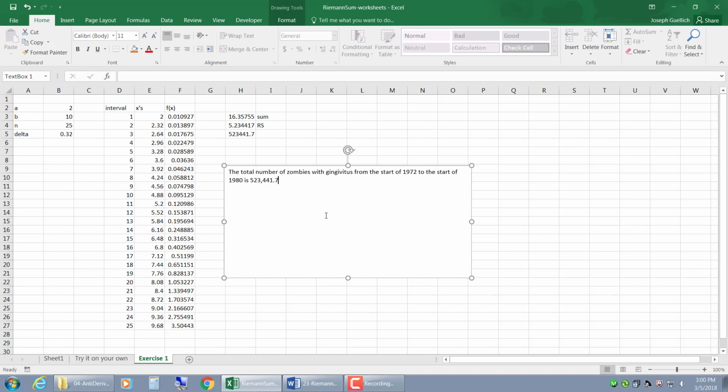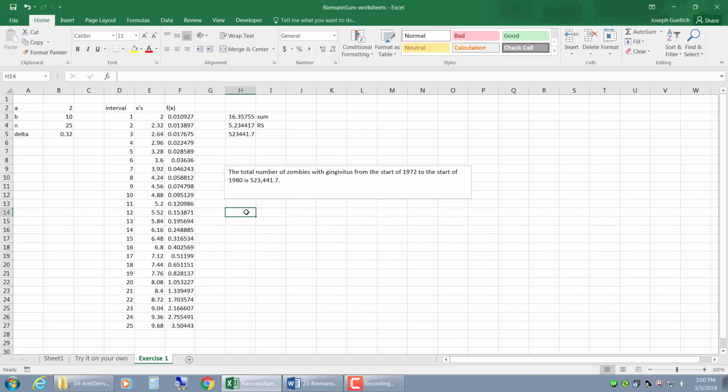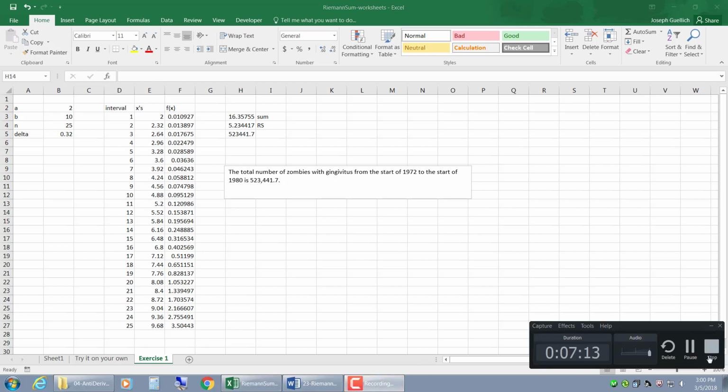However, that crazy instructor wants you to round, 4 decimals or 1 decimal or whatever it says. Okay, so there we go. We've described what we did without any fancy math words. So we didn't say the Riemann sum is the number of zombies. We just said there's 523,000 something zombies from 1972 to 1980. Something like that. No, exactly like that. Not something, but exactly like that.